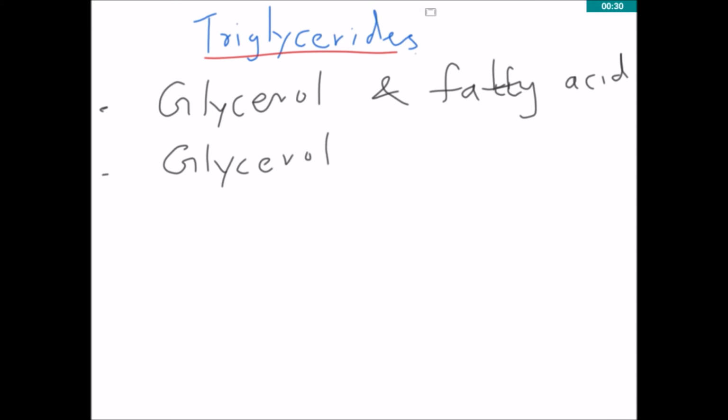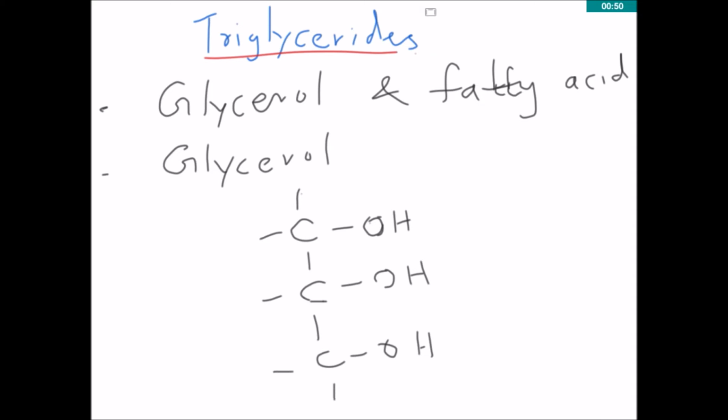It is a 3-carbon compound and each carbon is attached to an alcohol group, which is an OH group. Carbon in an organic compound always has 4 bonds. Already this carbon is bonded to an OH group and a carbon, so 2 bonds are left, and I can fill them with hydrogen.